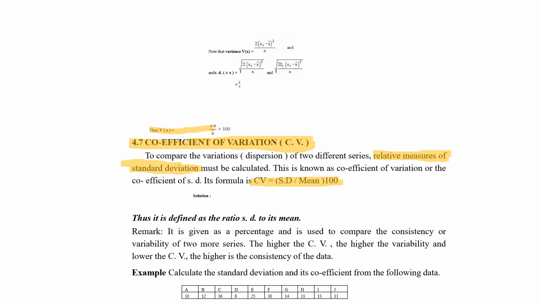That is the coefficient of variation. Thus, it is defined as the ratio of standard deviation to its mean. It is given as a percentage and used to compare the consistency or variability of two series.